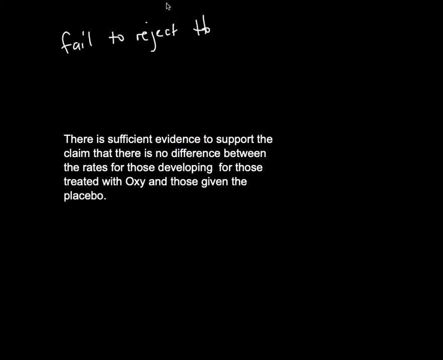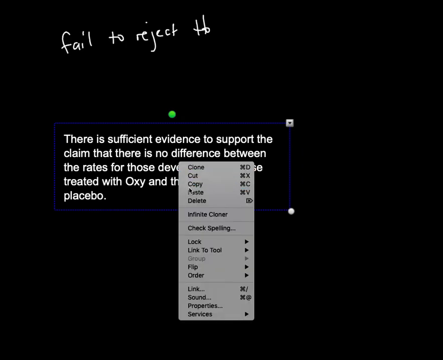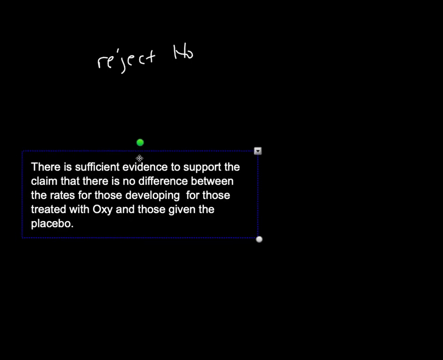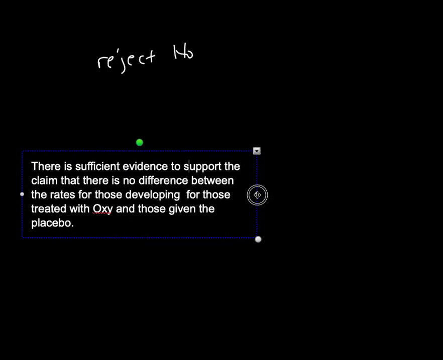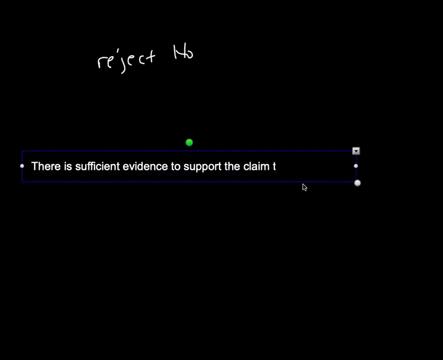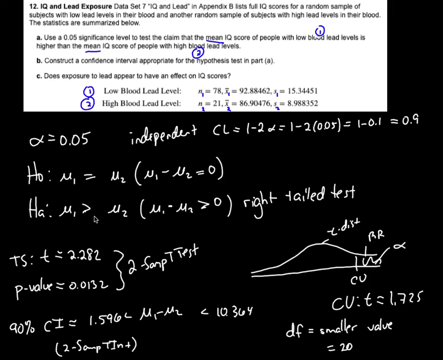So if I'm rejecting the null, I'm going to pull this up so I don't have to. I'm rejecting the null. So there is sufficient evidence to support the alternative, right? The alternative states that this is bigger than this. So that matches here.